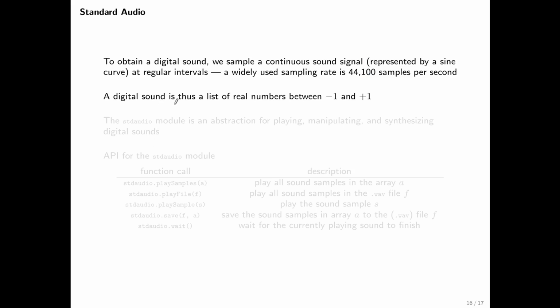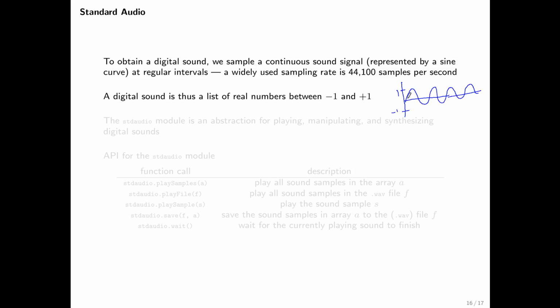So a digital sound is nothing but a list of real numbers between -1 and 1, right? Because if you have a sound signal that is represented by a sine wave, then the y value is strictly between -1 and 1 because the sine function is bounded by -1 and 1.